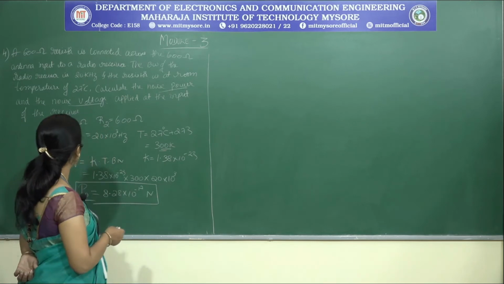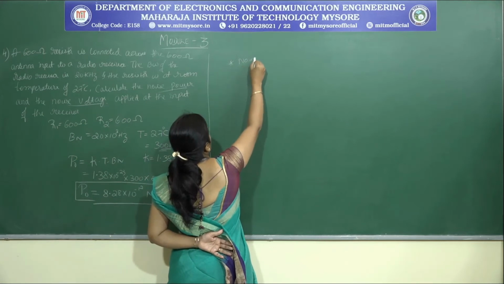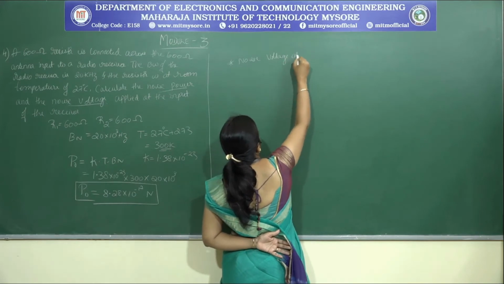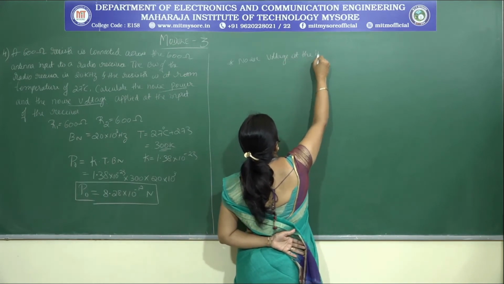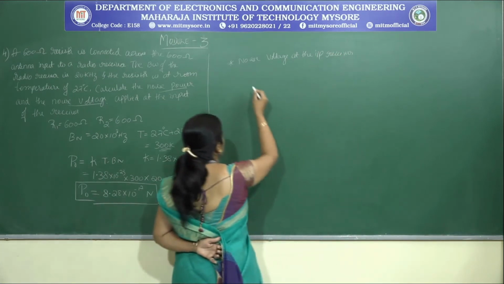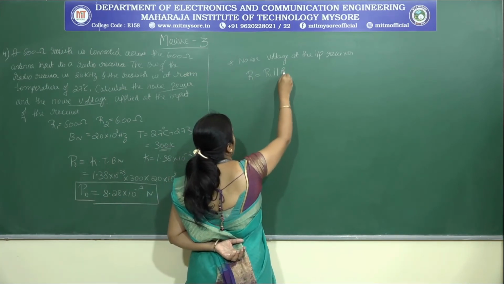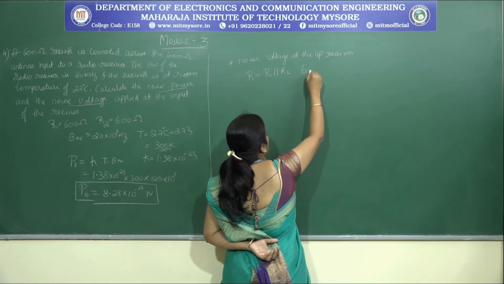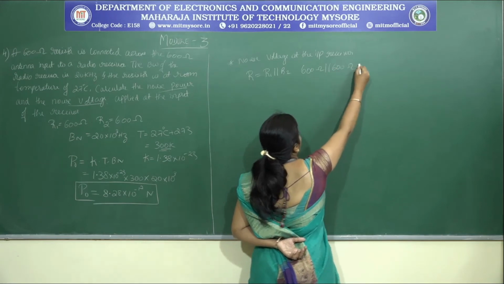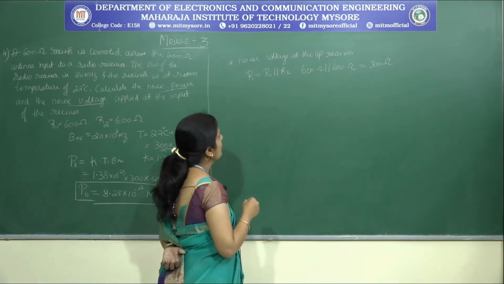Now we have to calculate the noise voltage applied at the input of the receiver. Noise voltage at the input of the receiver. So R is equal to R1 parallel to R2, that is 600 parallel to 600, so we get the value of the resistor as 300 ohm.